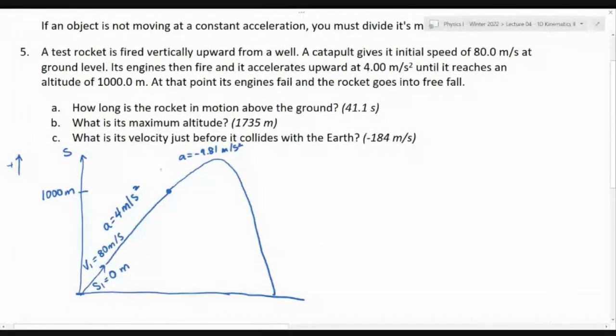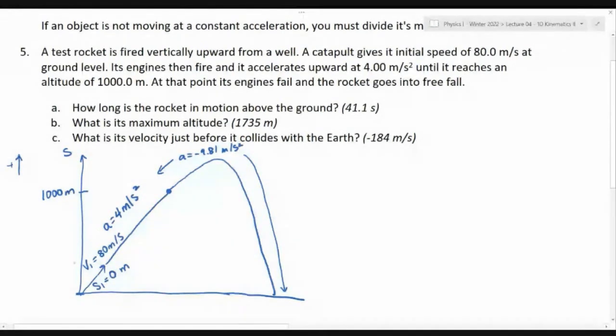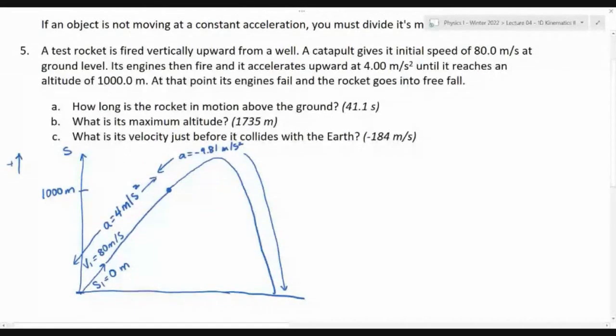And during this whole period from here to here, the acceleration is now just due to gravity, 9.81 meters per second squared down. Whereas the beginning bit, the acceleration was 4 meters per second squared. So because there are two different accelerations, we really need to split this question up into two different parts.